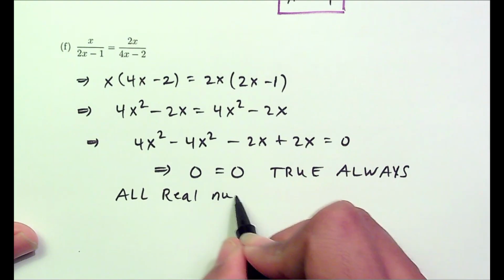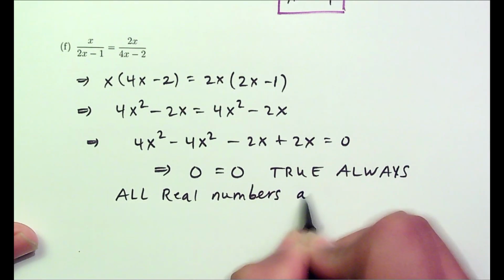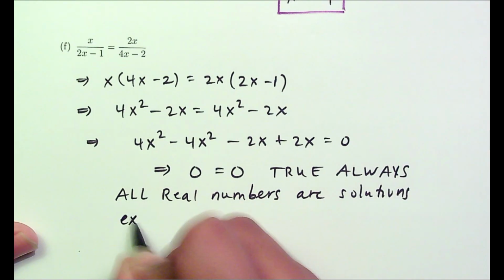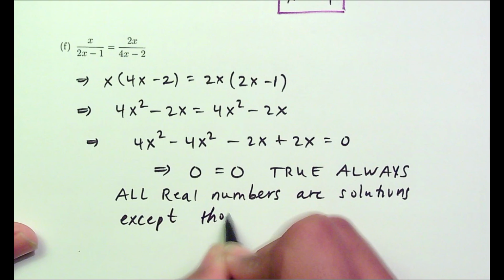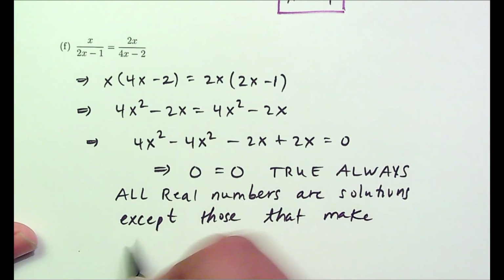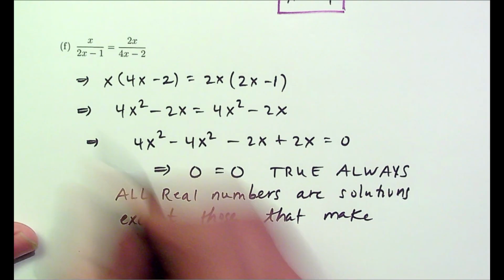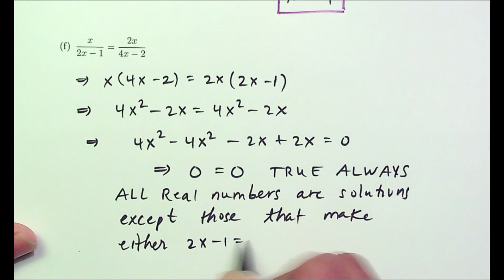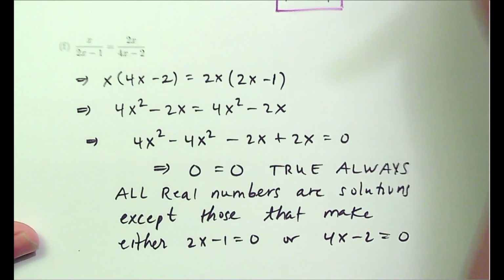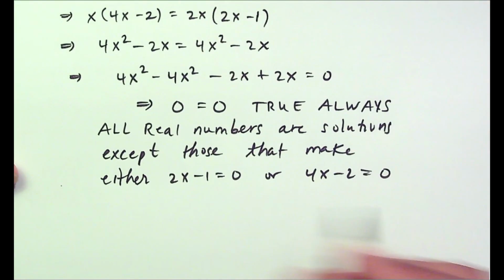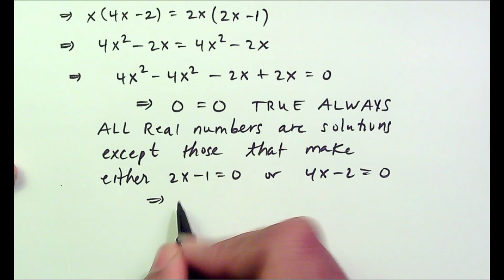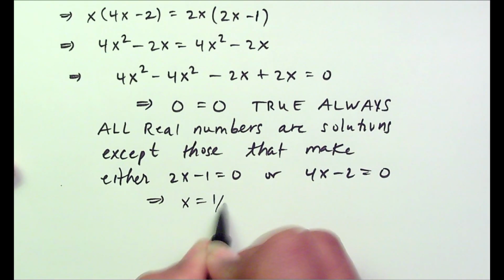So all real numbers are solutions, except those that make either the first denominator equal 0 or the second denominator equal 0. But in this case, if you solve these two equations, you actually get the same thing. What do you get? You get that x equals a half. So if you solve this one, you get a half.